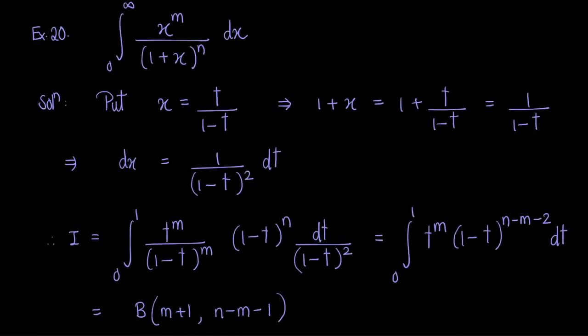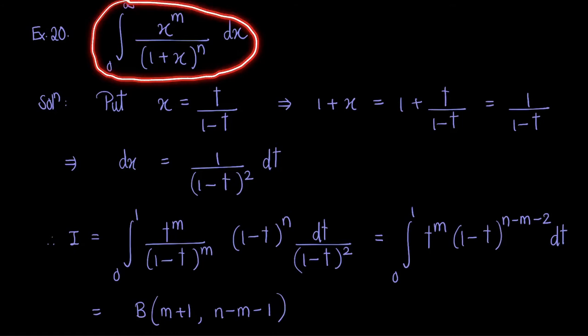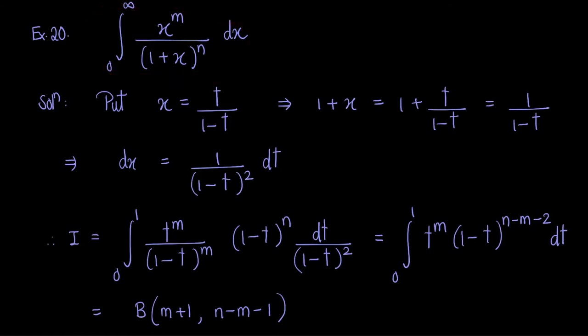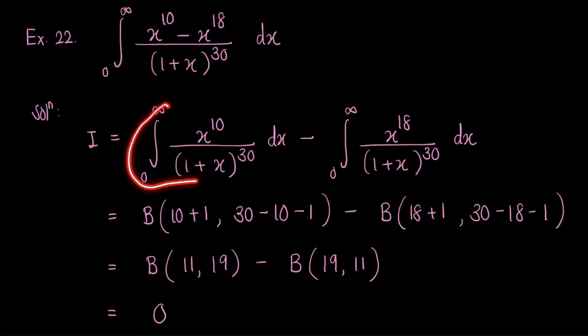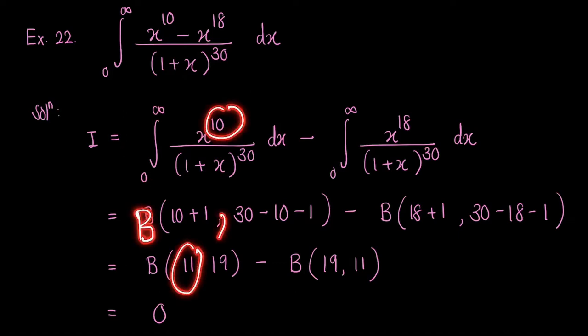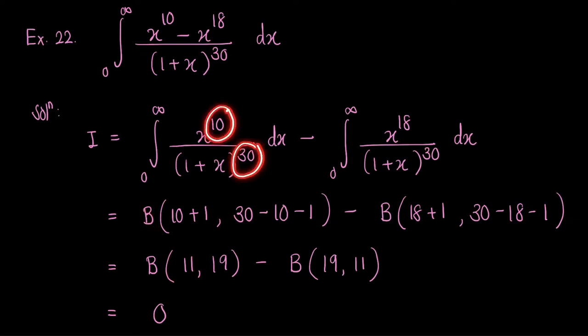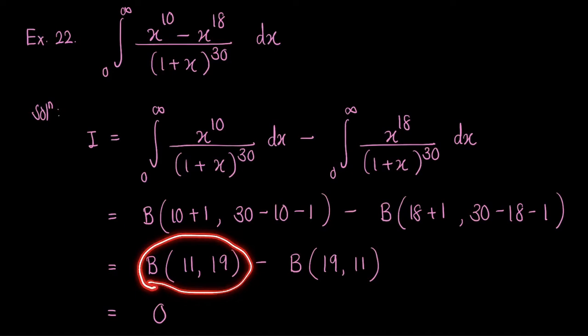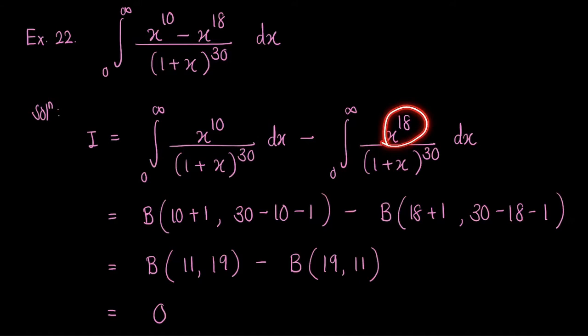Now again by using this same formula, integration 0 to infinity x raised to m upon (1 plus x) raised to n is equal to beta of m plus 1 comma n minus m minus 1. The value of the first integral will be beta of 10 plus 1, that is 11, comma 30 minus 10 minus 1, that is beta of 11 comma 19, minus integration 0 to infinity x raised to 18 upon 1 plus x raised to 30 dx.